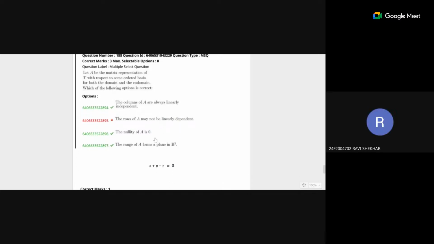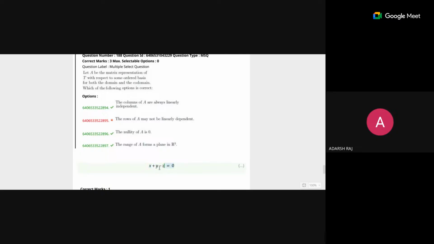We have two linearly independent vectors in R3, and those two linearly independent vectors are spanning a plane in R3.